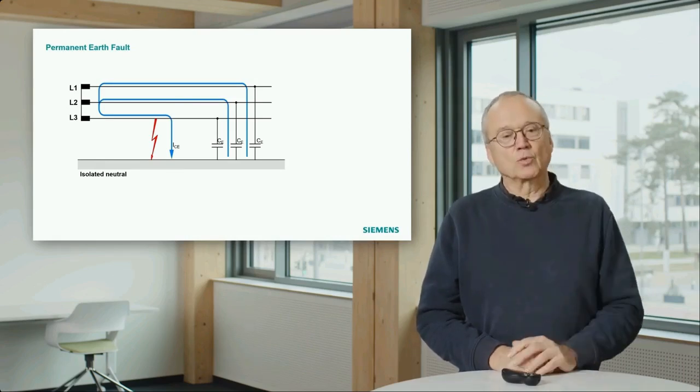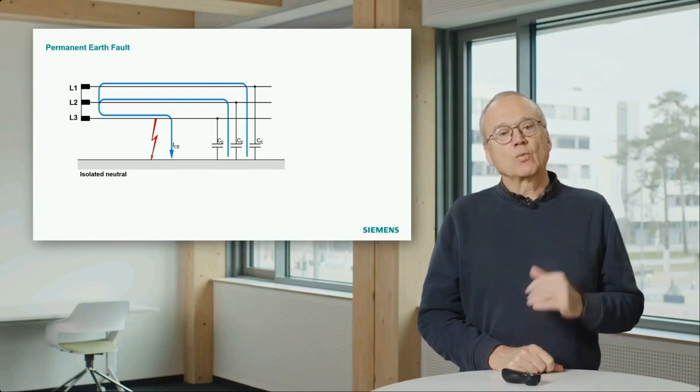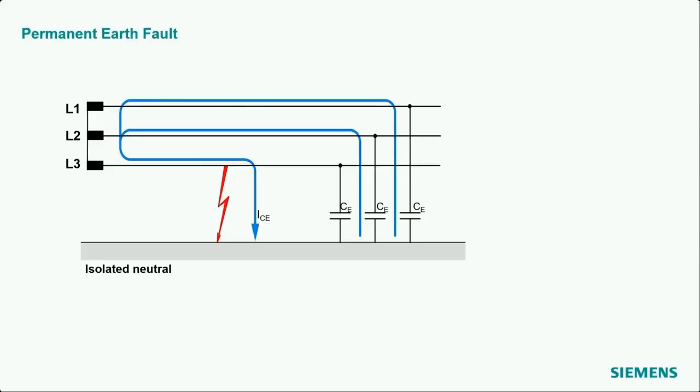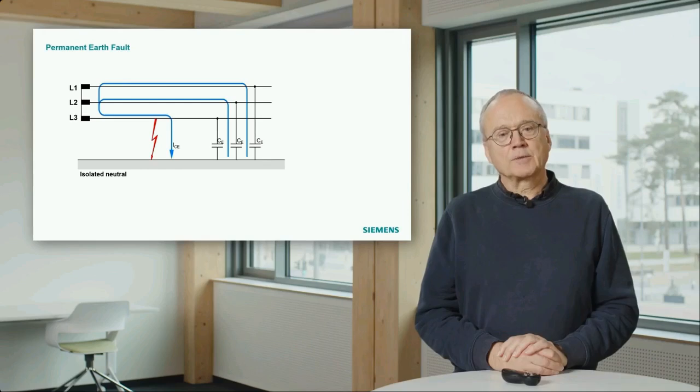That is one of the blue currents. And we have a series connection of voltage source L3 plus L1 driving a current through the capacitor representing phase L1. And that means we have a permanent current flow at the earth fault.